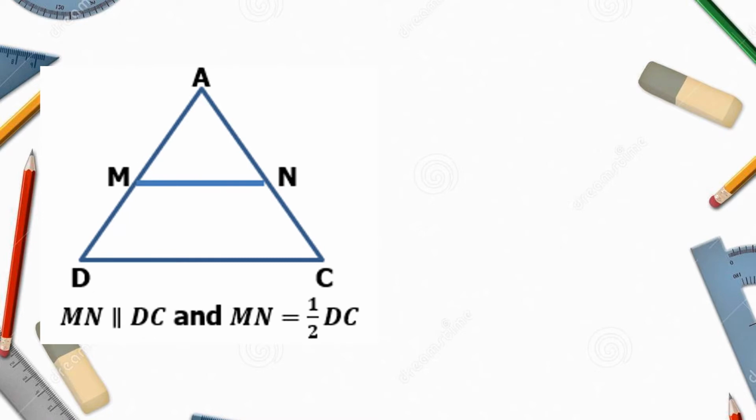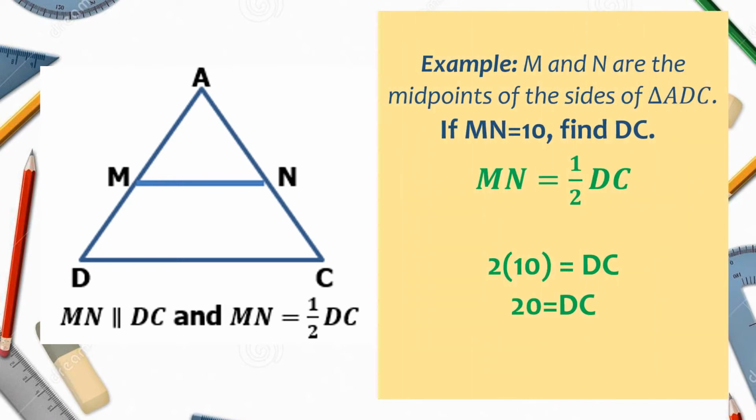Let us have triangle ACD, wherein M is the midpoint of AD and N is the midpoint of AC. Balikan natin ang ating midline theorem. Kapag sinabi nating midpoint, sila yung humahati.